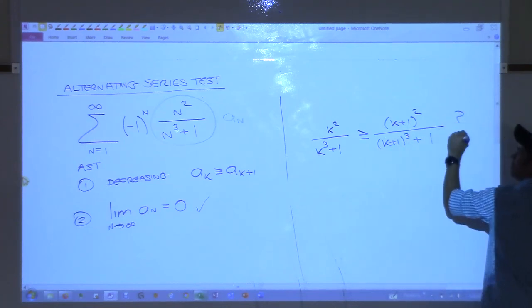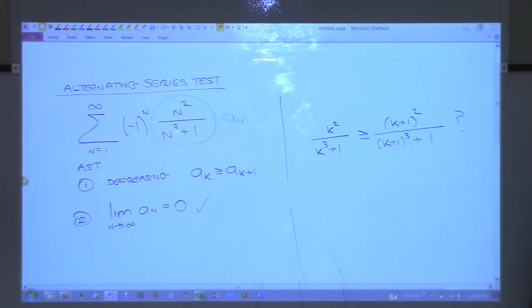I'd have to show if that's true, right? That might be a little messy. Would you all agree? Could we do it? Sure. Algebraically, it's a lot of work, but we could probably cross multiply and expand and do all that. But what's the other way we can show things decrease?